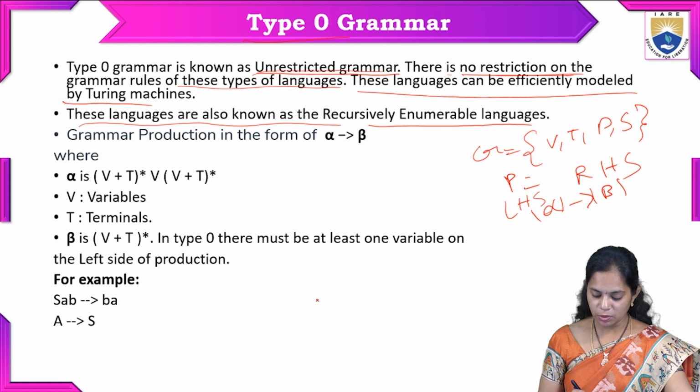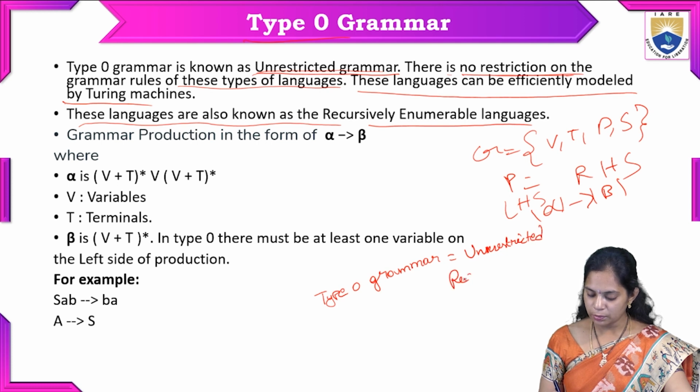So type 0 grammar is also known as unrestricted and recursively enumerable.